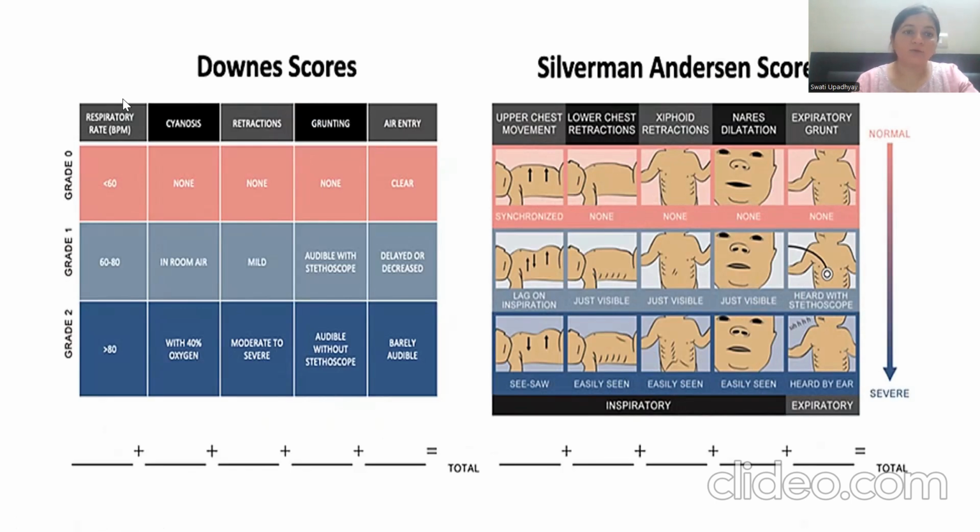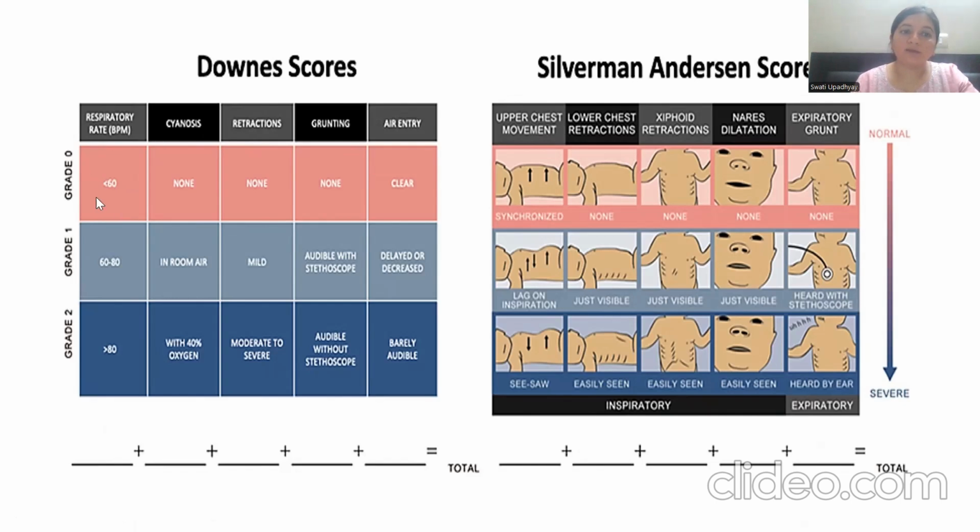Now, in Downes score, to assess the degree of respiratory distress, there are 5 parameters which we need to monitor. The first is respiratory rate, second is cyanosis, third, retractions, fourth, grunting, and fifth is air entry.